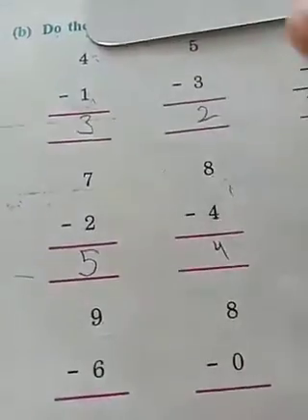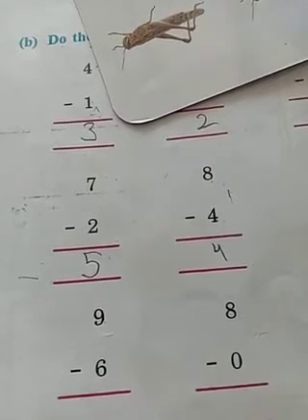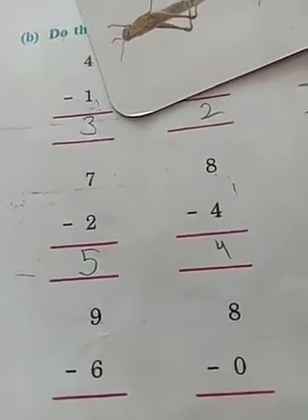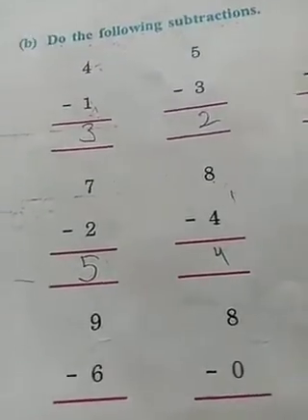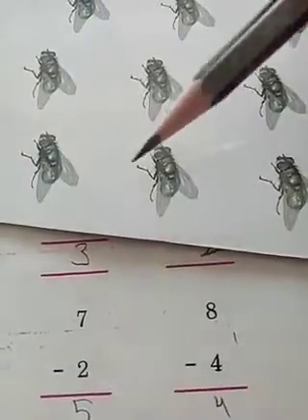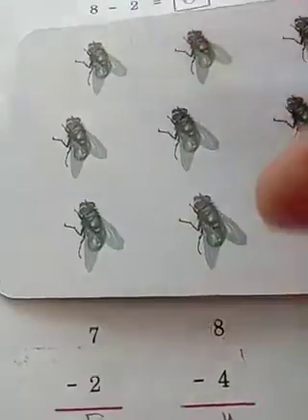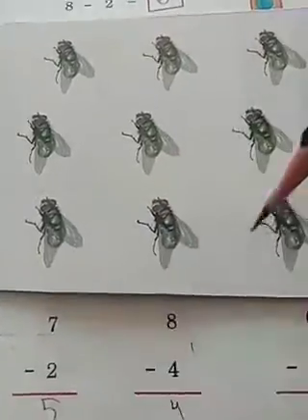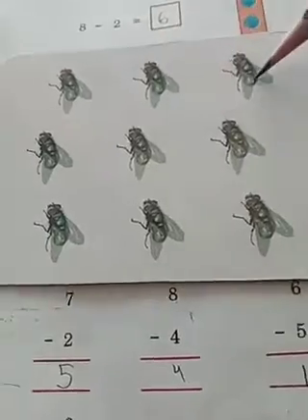So next one, 9 minus 6. Here I am taking some pictures. Count with me, children. Counting is also very important: 1, 2, 3, 4, 5, 6, 7, 8, 9.